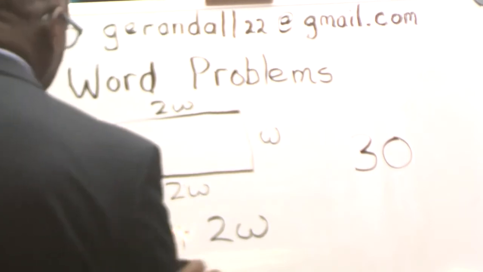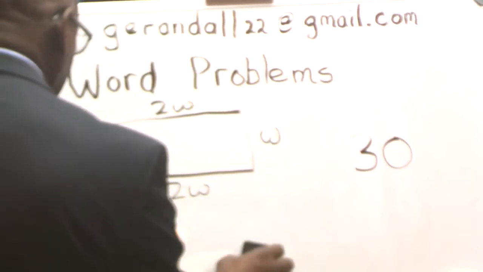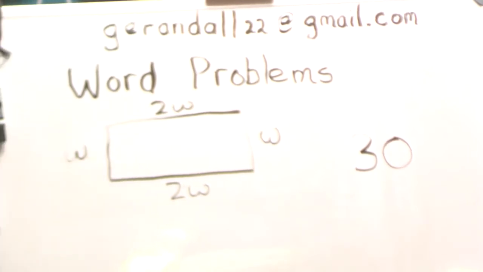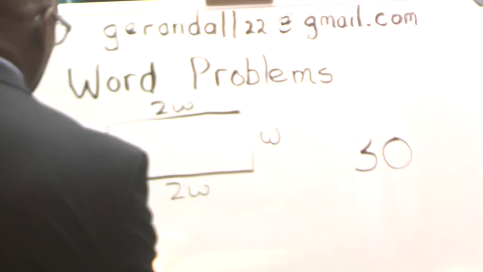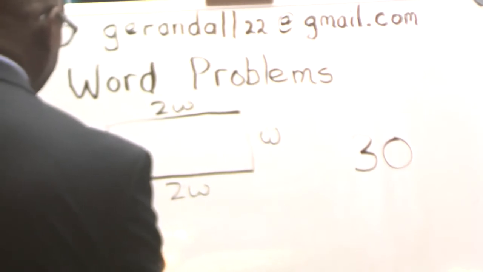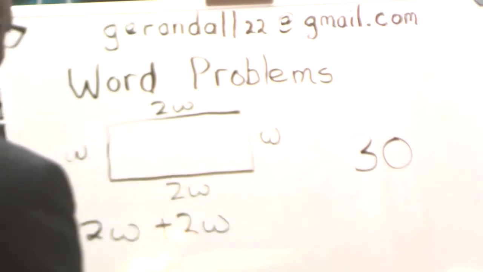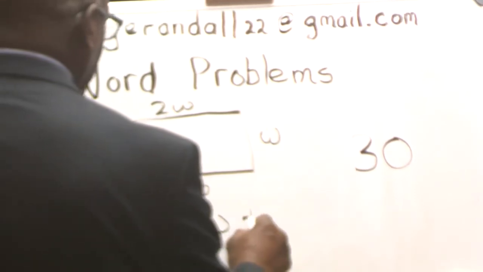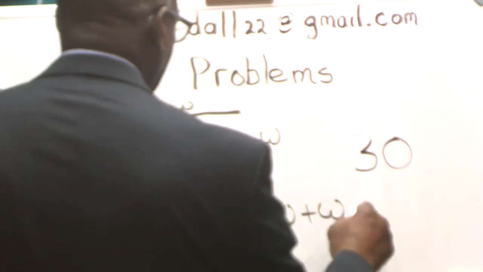Now that we have all of that, let's see if we can add this up. 2W plus 2W, that's the length, plus W plus W equals 30.